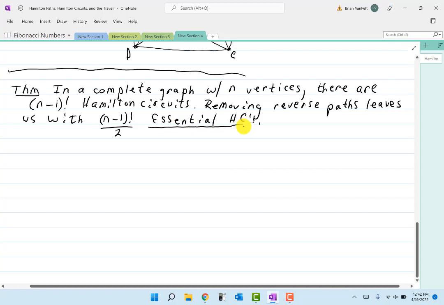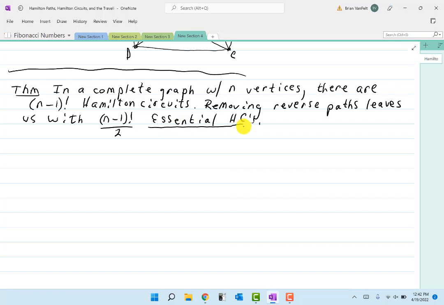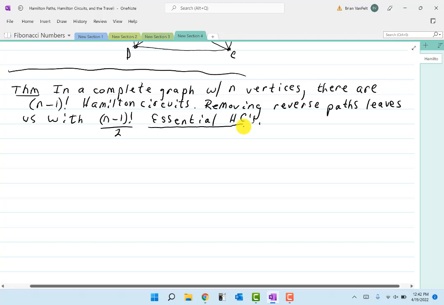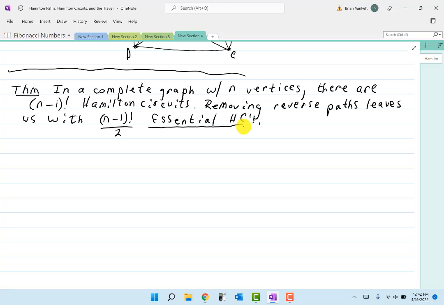Essential Hamilton circuits strip away all the possible circuits that you can come up with and only consider the ones that go in one direction. Reversals of those, as far as counting what vertices you visit, is simply redundancy.